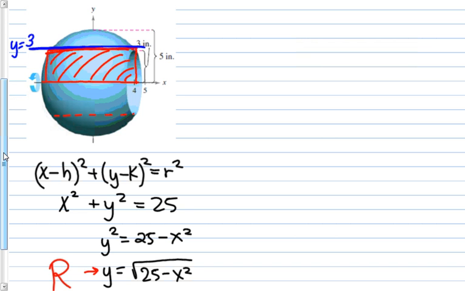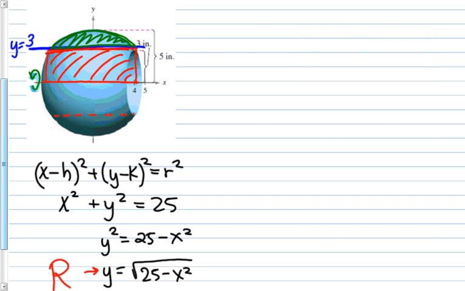Because what is being revolved, believe it or not, is this piece right here. It is being revolved over and over again across the x-axis like this. And that little piece is what made this hollow sphere.